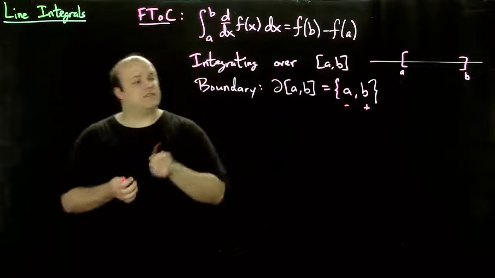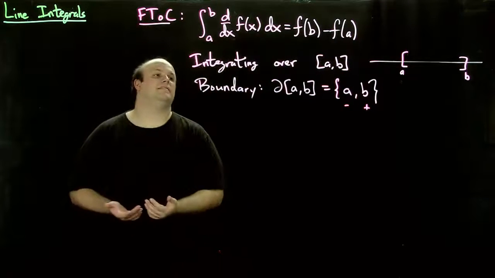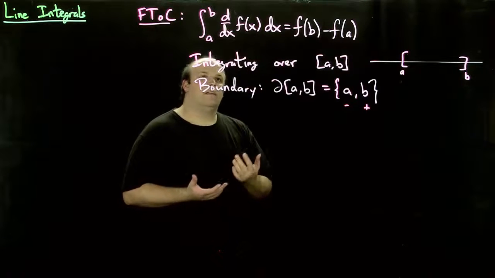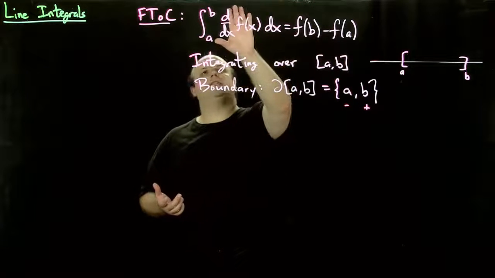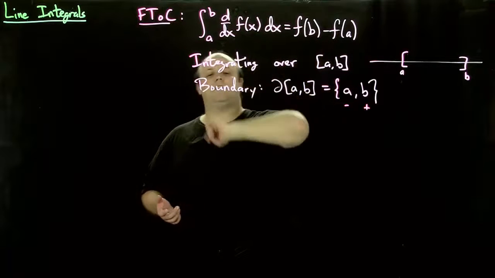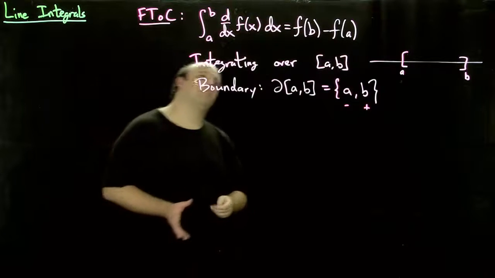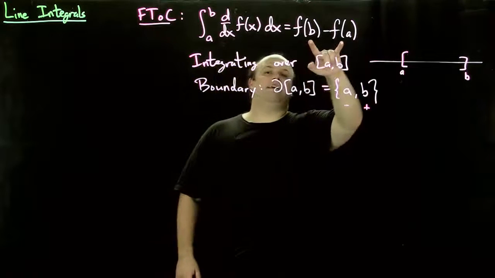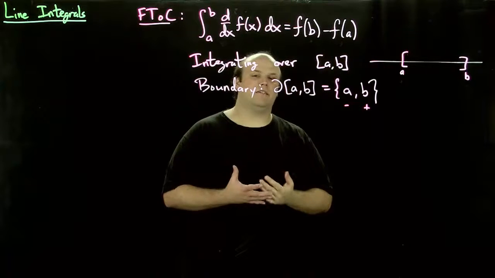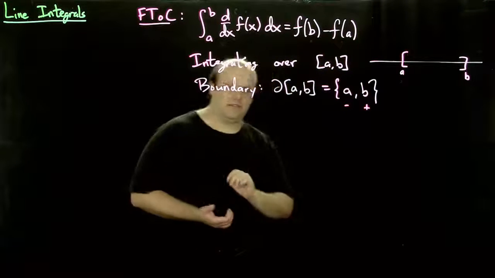All right? So what is the point of this? Well, the point is that we're switching the derivative of the function for the boundary of the thing we're integrating over. That's the theme here. So you can think of this as an integral over these 2 points.